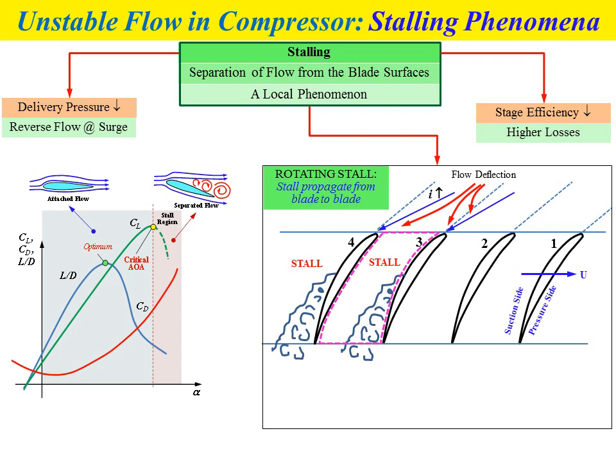So for blade number 3 and blade number 4, we will have a propagating stall cell on the surface of the blade, due to the increase of the incident angle. So this incident angle will be higher than the critical angle of attack.